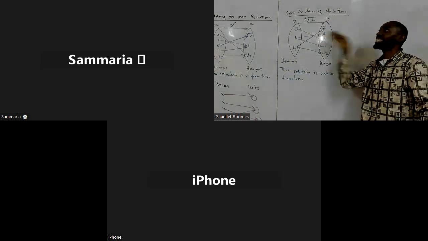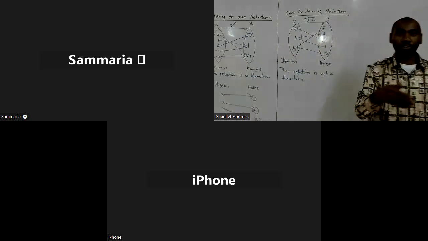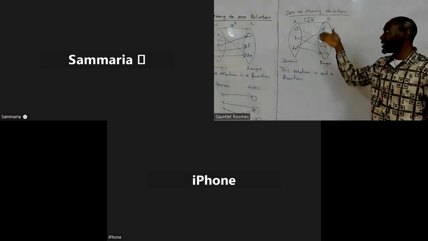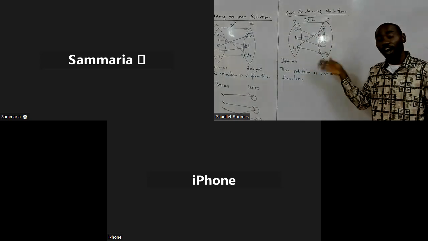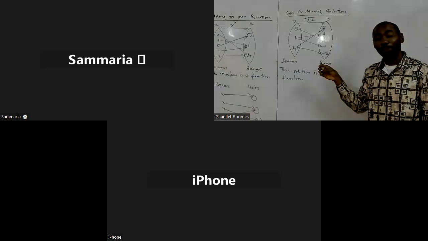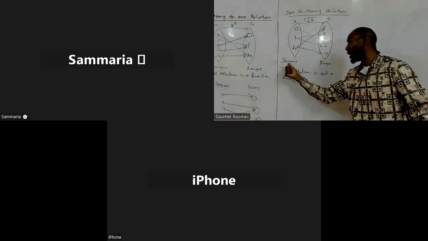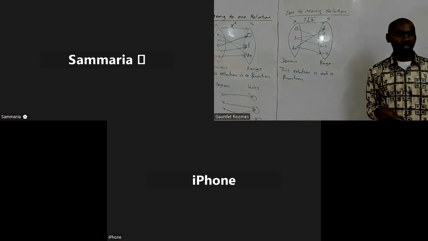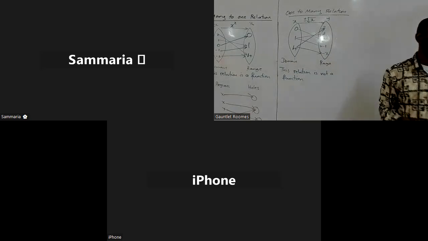And if you look at it in that sense, you are going to lead to the wrong conclusion, saying that it is a function, but it is not. Why? Because the mapping is always from domain to range and not range to domain. Very, very, very important.